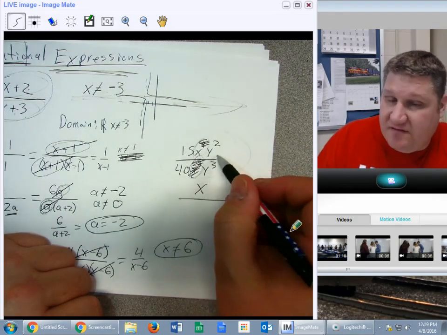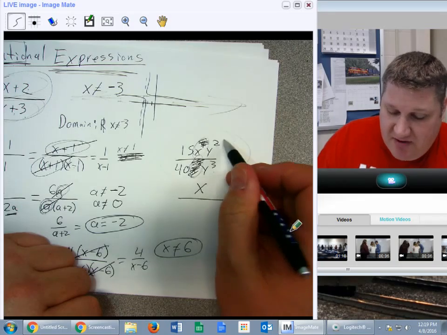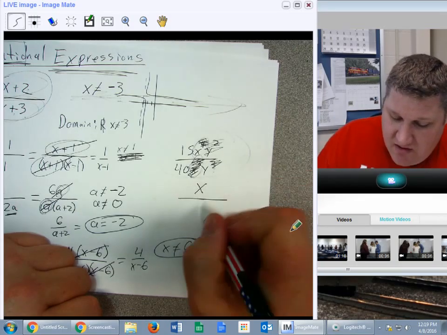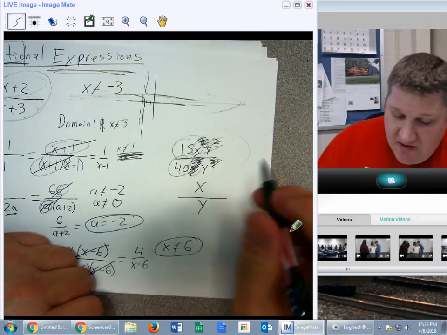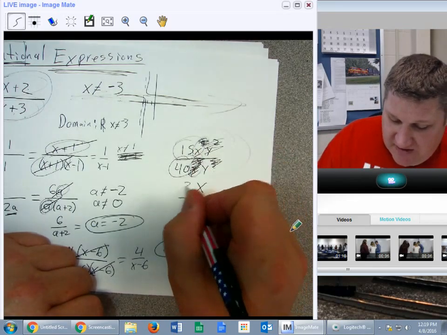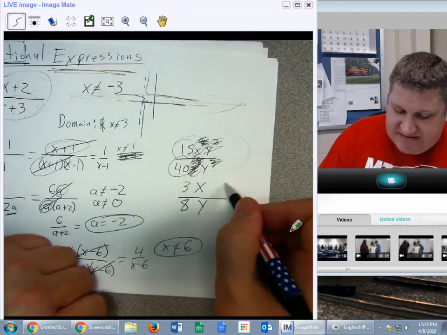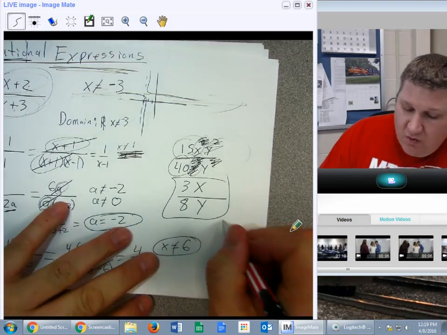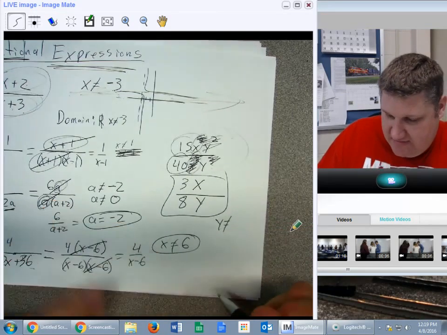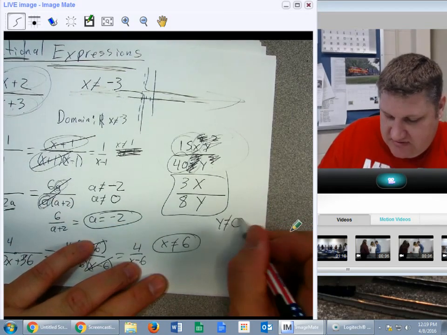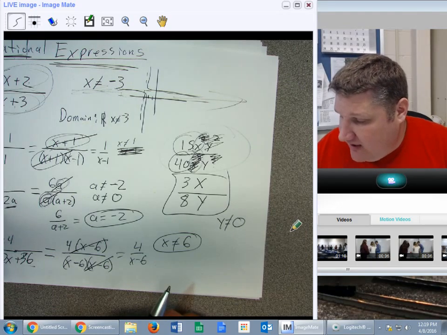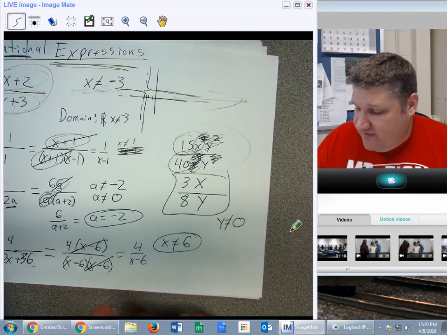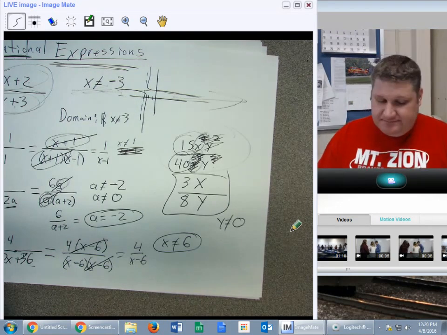What about y's? I got 2 in the top, 3 in the bottom. What am I left with? 1y in the bottom. What about 15 and 40? Take out 5. Divide both by 5 and I get 3 over 8. Is that as simple as it gets? Yeah. What can't y be? 0. Y cannot be 0. All right, so that's what I want you to take a look at.